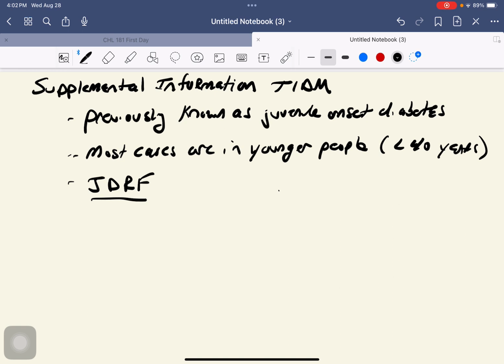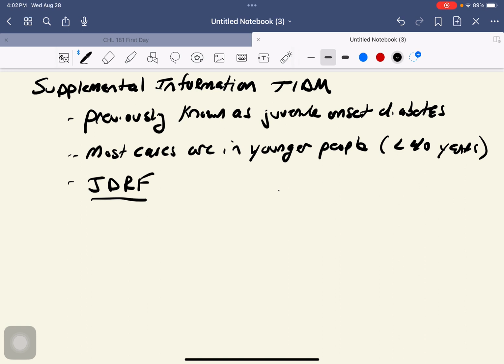So it didn't make sense to hold on to the names juvenile versus adult. It started to lose its specificity. So they transitioned to type 1, previously known as juvenile onset diabetes, and type 2, whose old school name is adult onset diabetes.